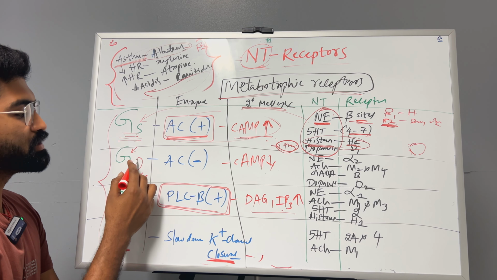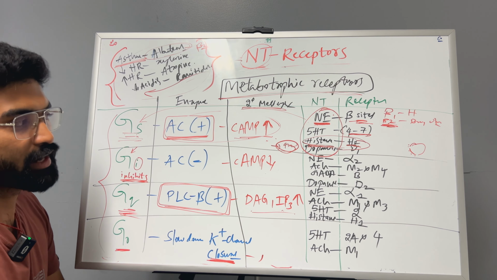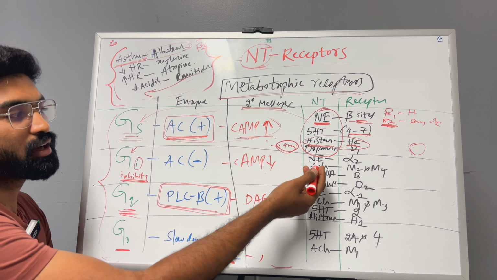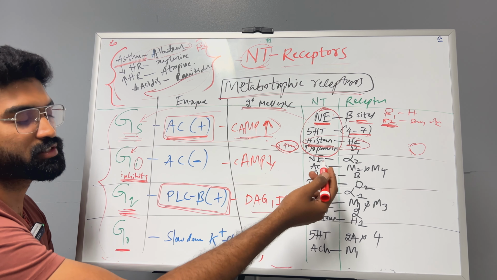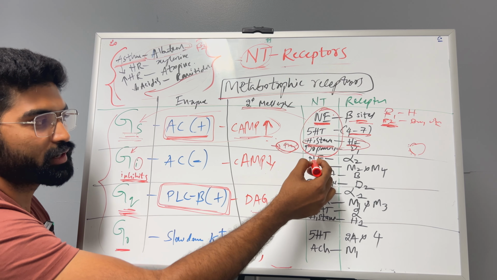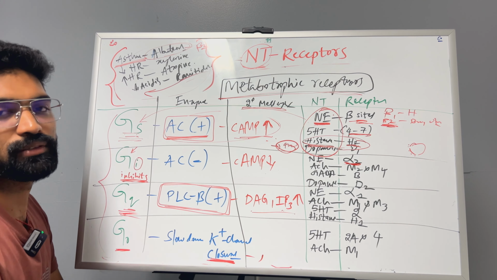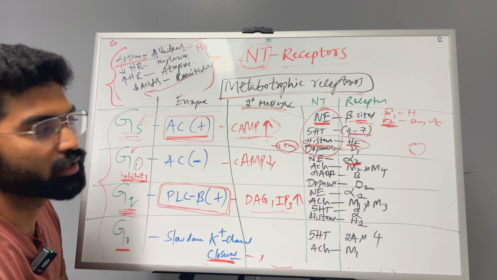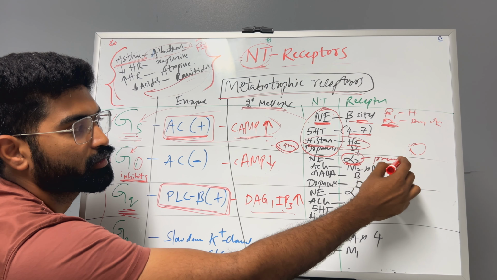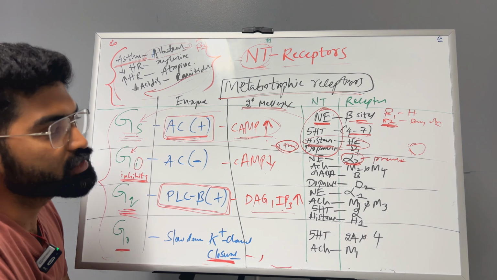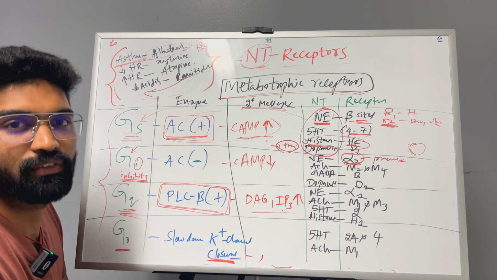So GI, the name itself indicates inhibitory. So the action will be inhibitory. If you see the noradrenergic nervous system, if norepinephrine goes and binds with the alpha 2 receptors, it will be an inhibitory action, because the alpha 2 receptors are located on the presynaptic neurons. This is a kind of negative feedback mechanism for the adrenergic nervous system.